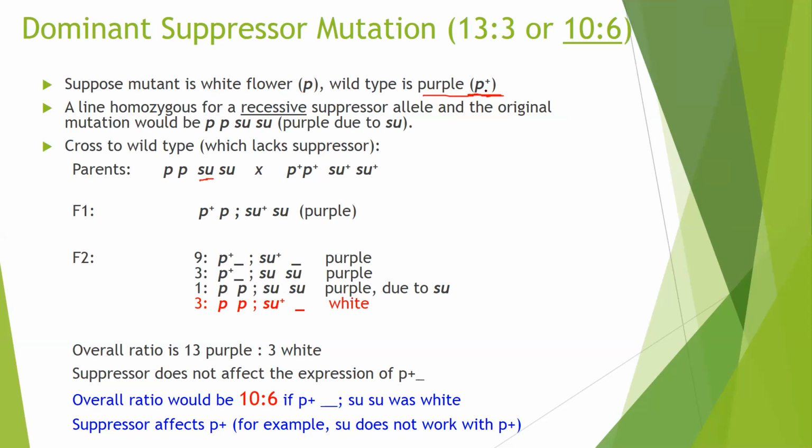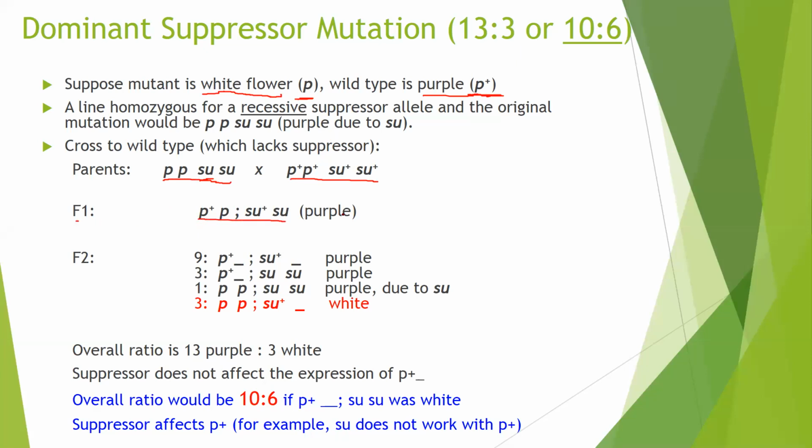If this gene is mutated, we'll say this is a P gene without the plus, and this will give the white color flower petal. We have two parents here, and we cross these two parents and generate the double heterozygous F1 progeny.